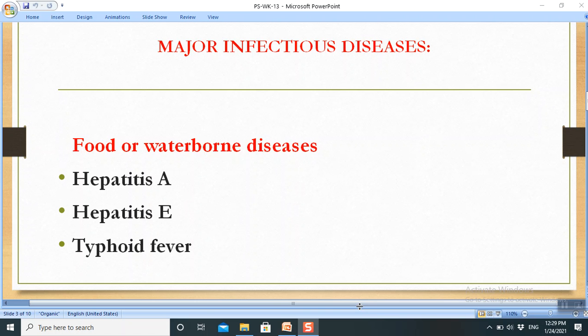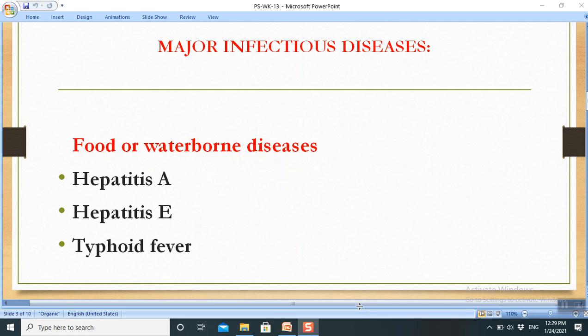Waterborne diseases happen due to drinking impure water and eating impure food.